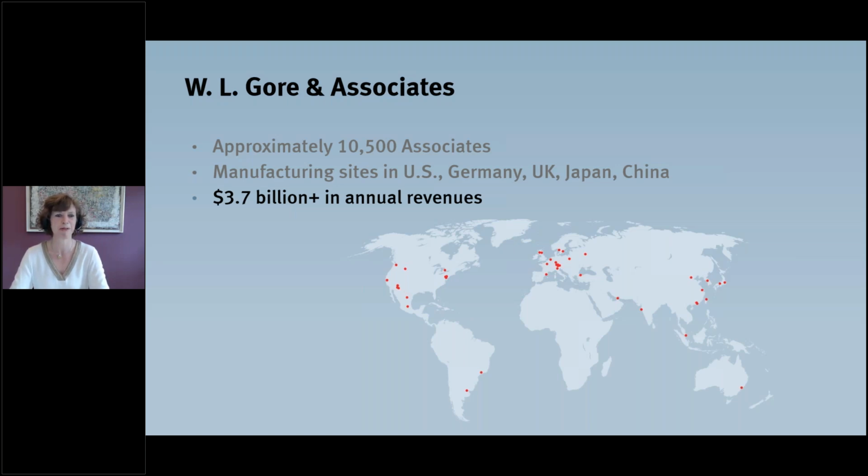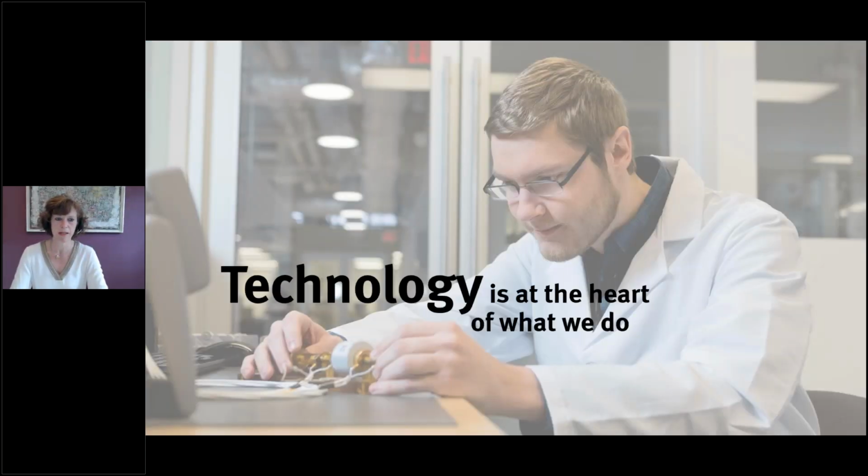Let's see where we're going to end up in this crazy year. And we are privately held, so that means we can make investments with a long-term view and are not driven by proving short-term results, which we prefer a lot. This is a very true statement.